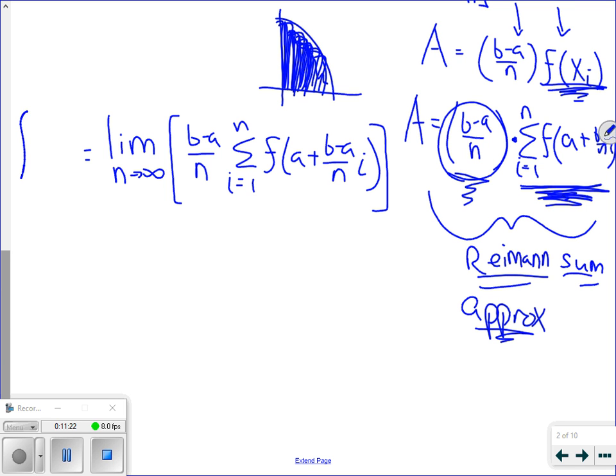And the notation we use for that is the integral, that's the integral symbol, from A to B of f of x dx. Okay? All right. Let's look at some examples real quick.